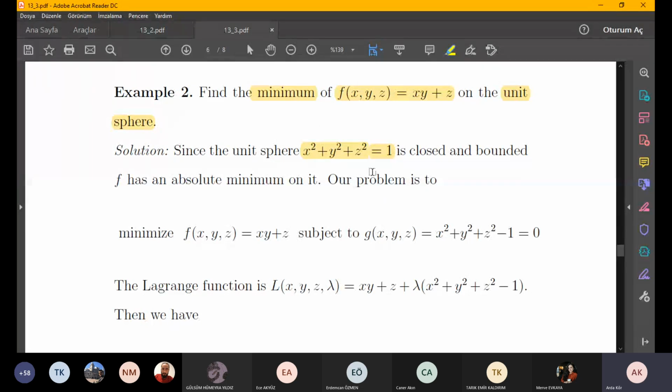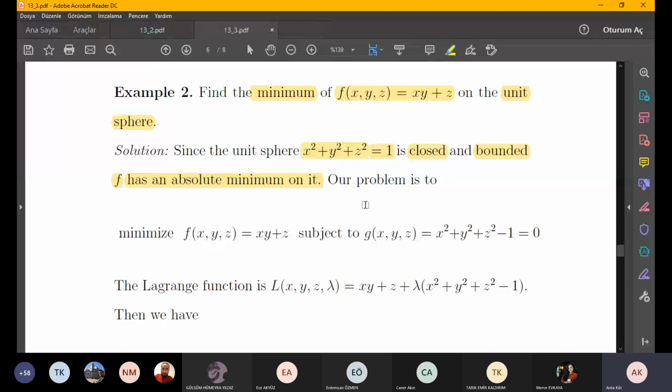So since the unit sphere is closed and also a bounded region, the function f on that unit sphere must have an absolute minimum from the theorem that we have seen in the previous chapter.